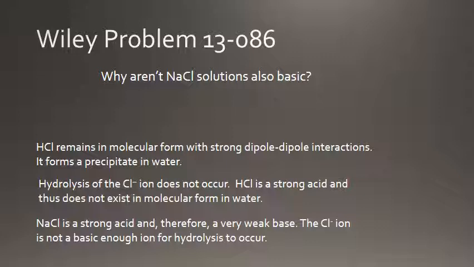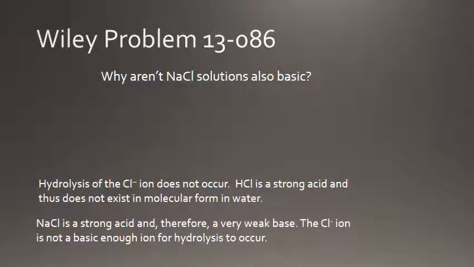That's not correct. HCl is a strong acid. It completely dissociates. The Cl minus is also a spectator ion. Hydrolysis of the Cl minus does not occur. HCl is a strong acid, does not exist in molecular form. That statement looks really good. We're going to hang on to that for a while.